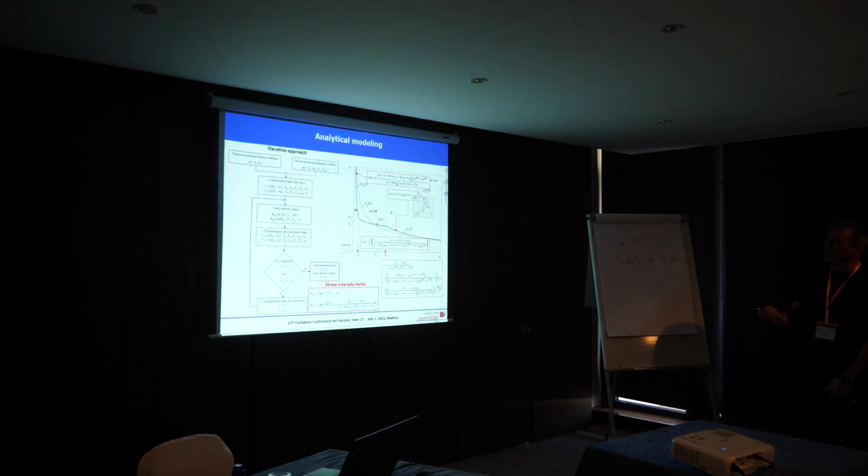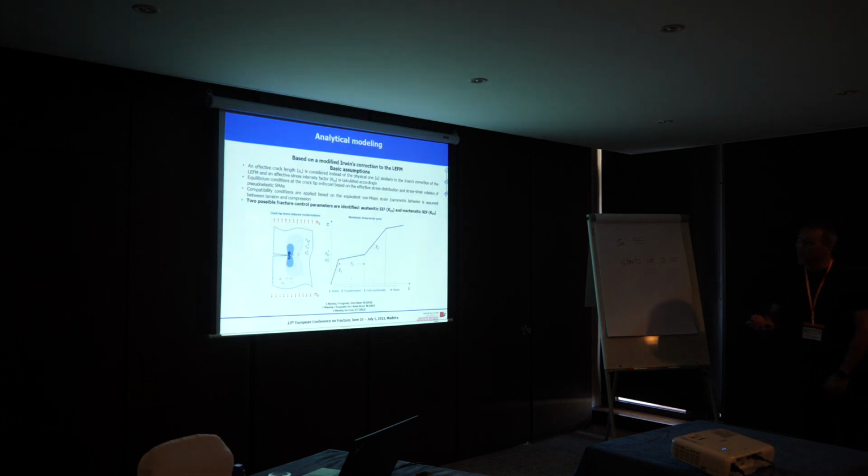What we do is, obviously the model has some limitation. I mean, let's say the investigation window is much larger than the transformation zone, so you are considering an equivalent elastic material, and you are neglecting.